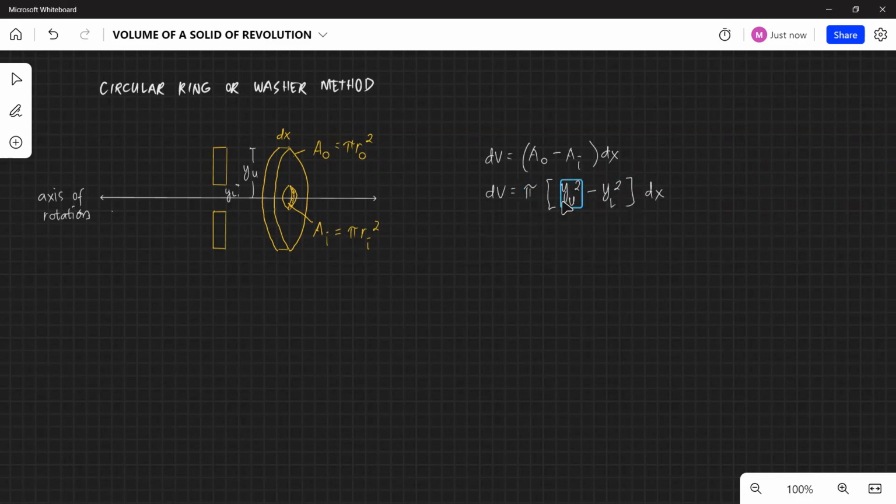Or pi times y of the upper curve squared minus pi times y of the lower curve squared. So in getting the volume, we integrate.